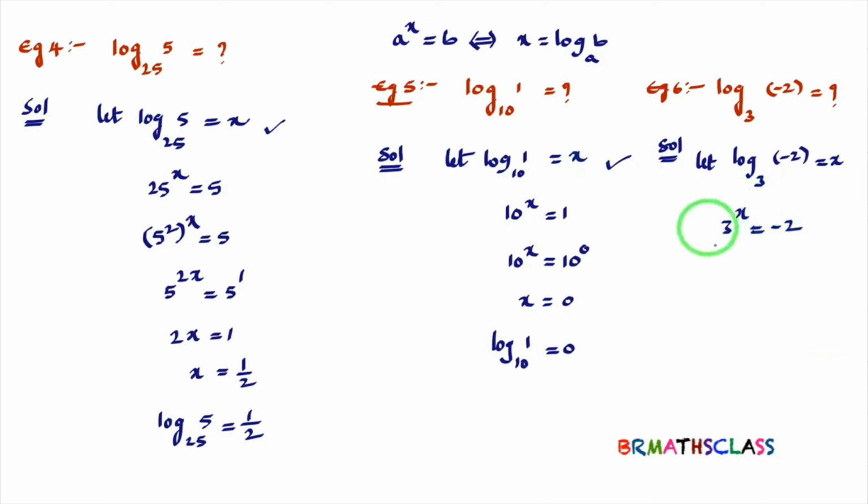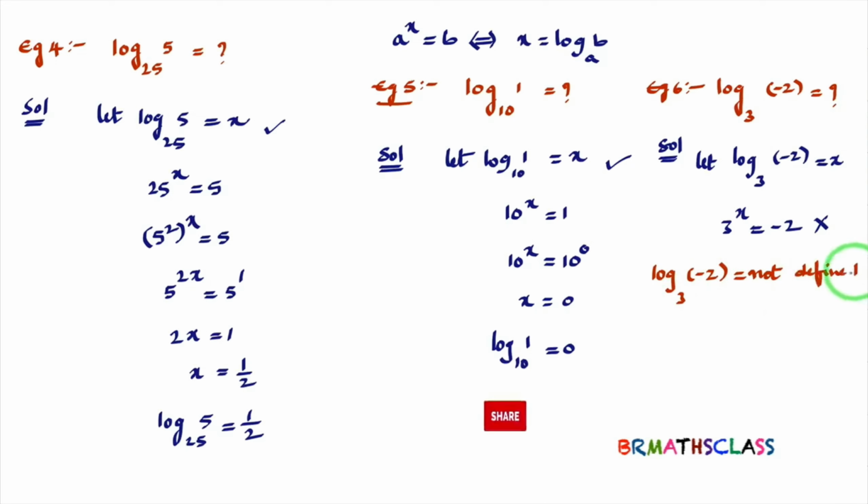You cannot find x such that 3 power x is negative. So it is not defined. We cannot find this value. That means the logarithm of minus 2 base 3 value is not defined.